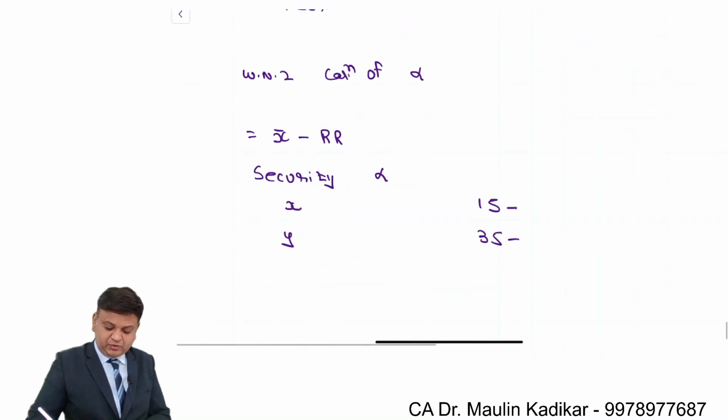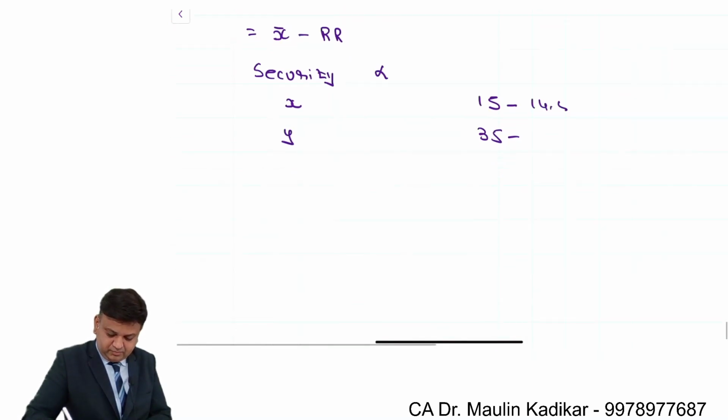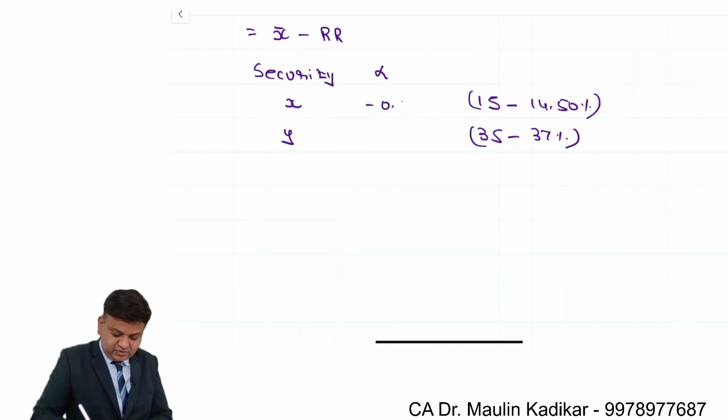Required rate of return is 14.5 and over here it is 37%. So in the first case alpha is positive 0.50. In the second case it is negative 2%.